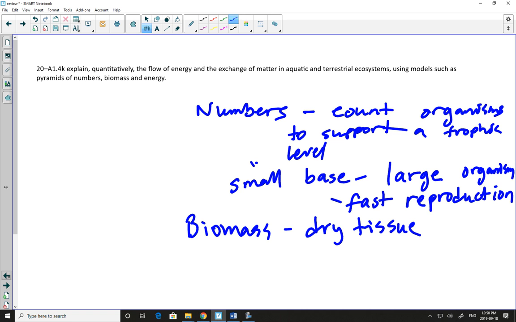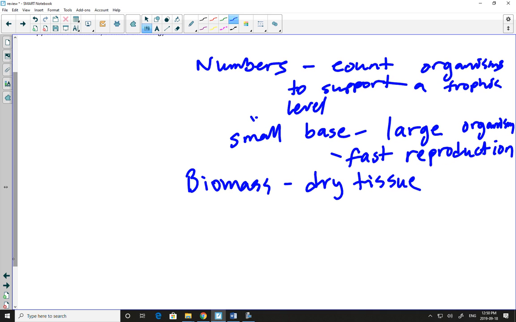Pyramid of energy. There we go. Okay, so pyramid of energy is just calculating the energy in chemical bonds. And this one, of course, is the most accurate in terms of energy flow. This type of pyramid would always have the wide base and narrower at the top.